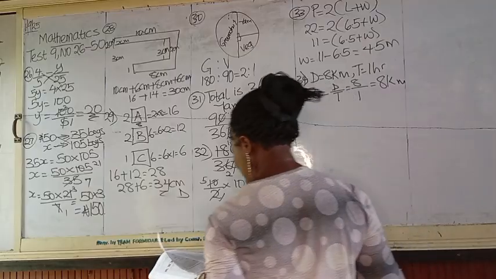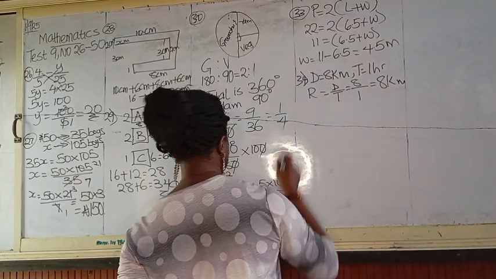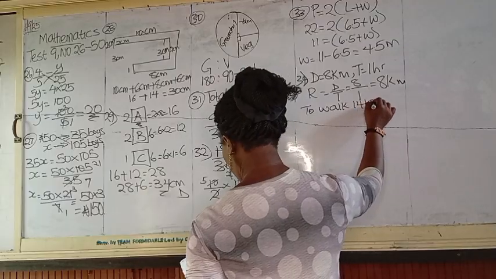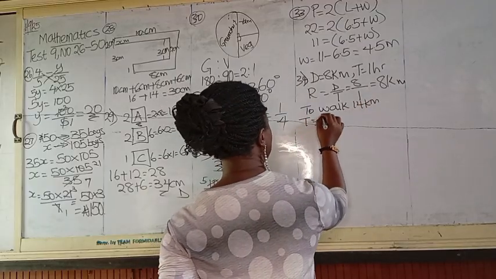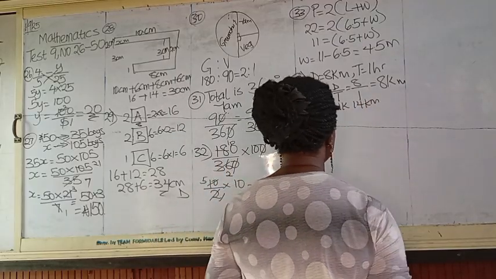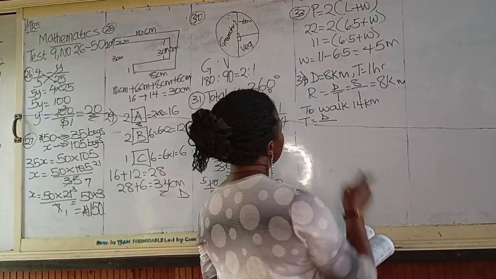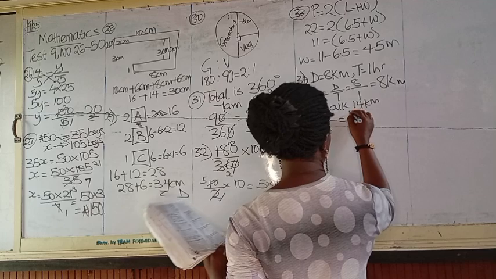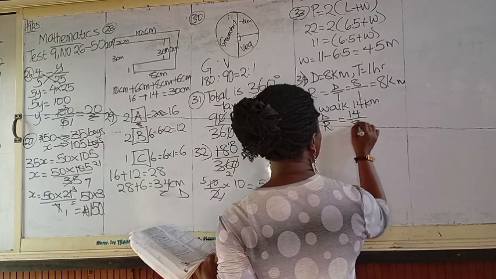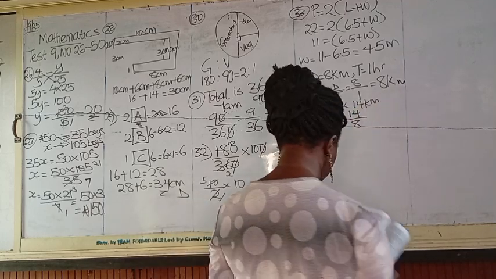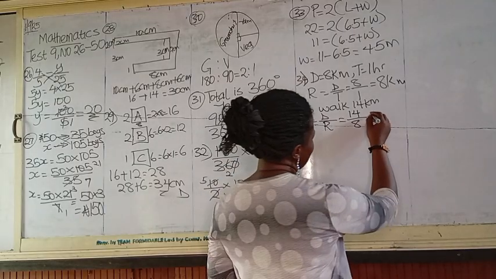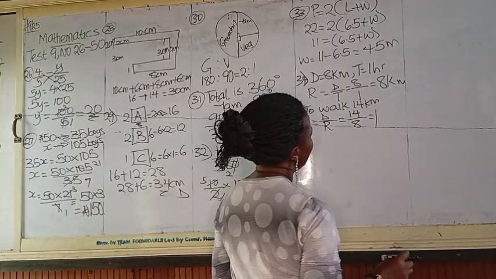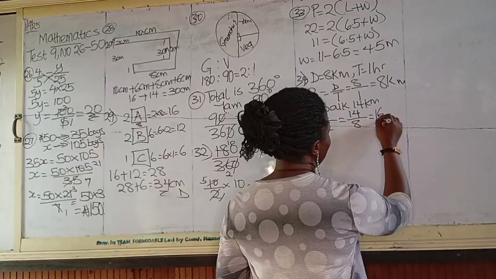So the question now is, she walks 14 kilometers. The time will be distance over the rate. So the distance covered now is 14. And the rate there is 8. We got our rate from the first formula. How many times will 8 go into 14? One whole number, and 6 over 8 remains.